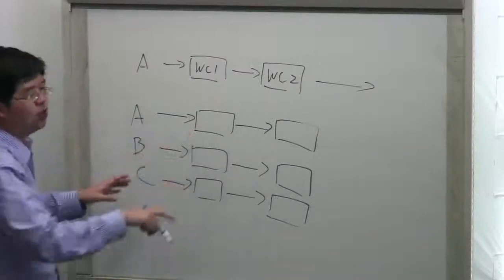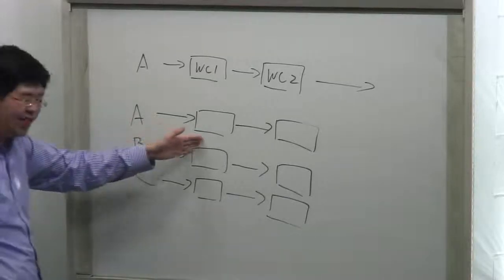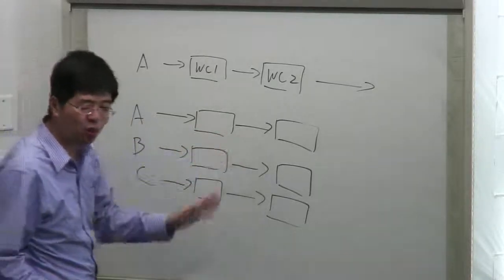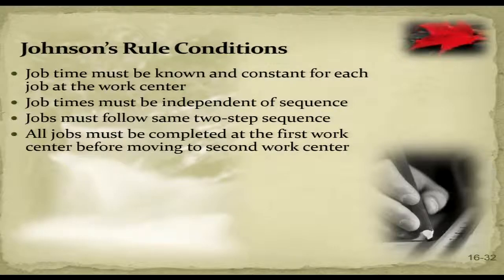The time spent on each work center is fixed. The third assumption is that jobs must follow the same 2-step sequence: all these 3 jobs must go to work center 1 first and work center 2 second. The last assumption is that jobs must complete the first work center before moving to the second work center.